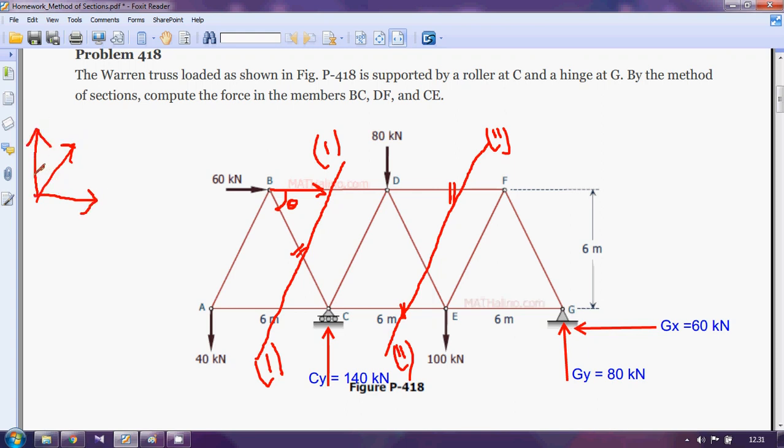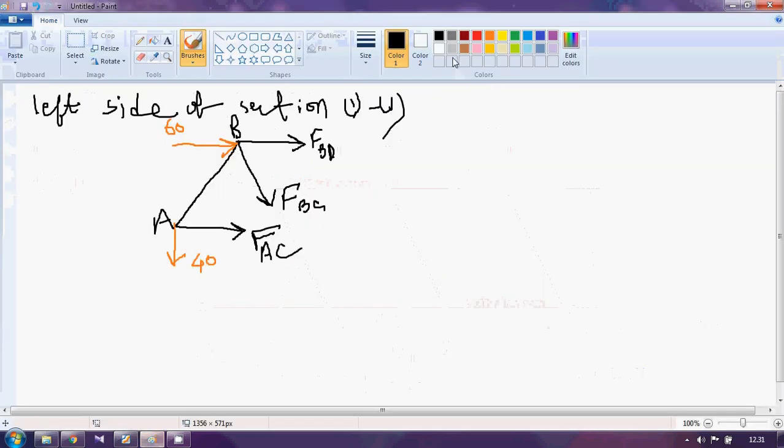The angle between these forces will be 90 degrees. You have to assume these two forces in such a way that the other force must be vertical like this, and the angle between them is 90 degrees. Correct? Good.